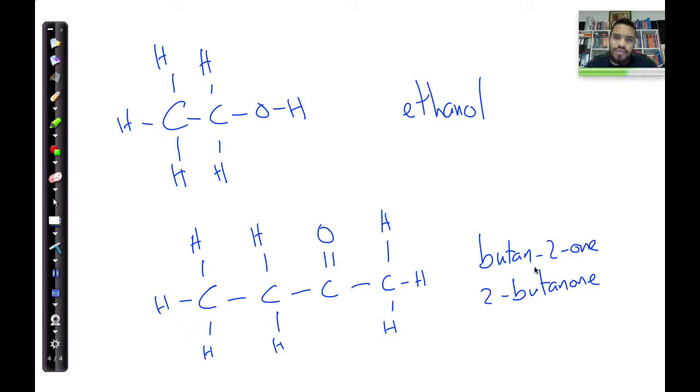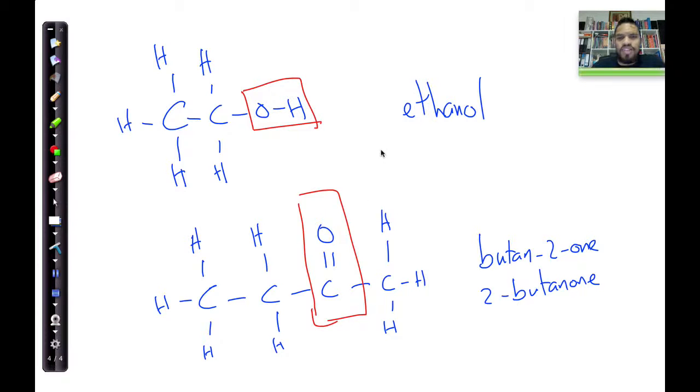Let's talk about each of them. What's special about this? Well, the first one has got this thing over here: O bonded to H. That oxygen bonded to that hydrogen over there. And this one looks a little bit different from that one because this one has got this double bond O. Let's just get that entire piece over there. So that's ethanol, and this is 2-butanone, butan-2-one.